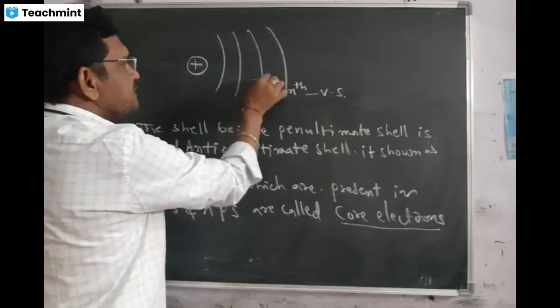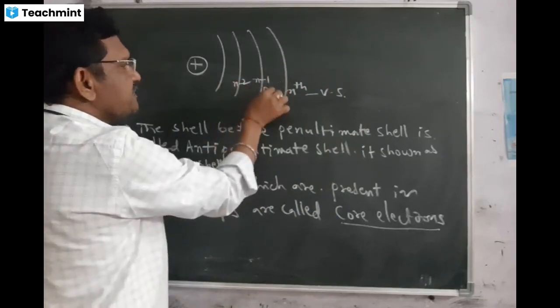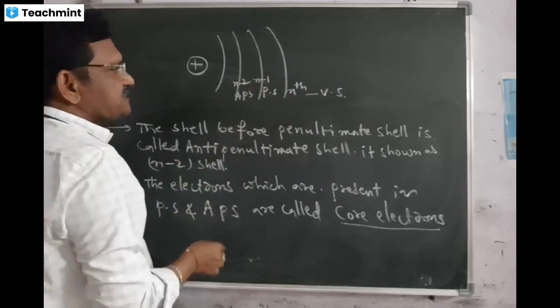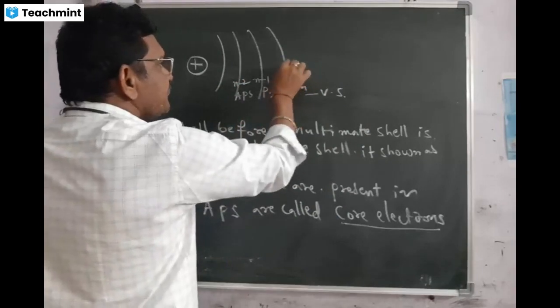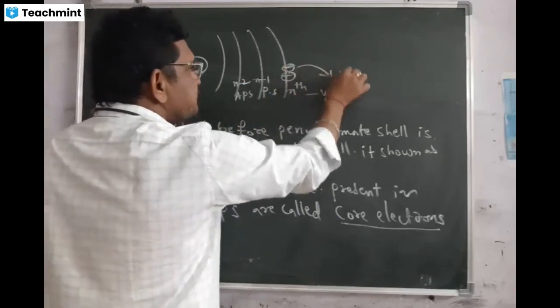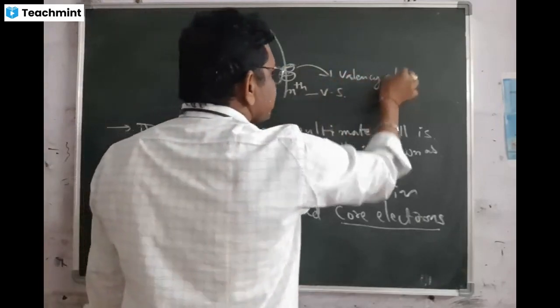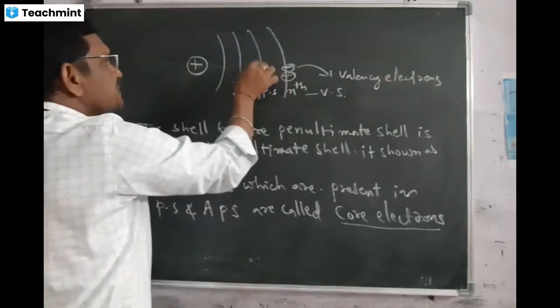Here, n-1 is the penultimate cell, PS, and the n-2 cell is APS, the anti-penultimate cell.